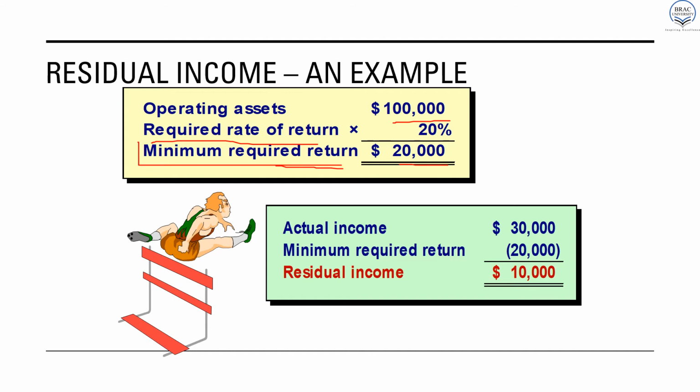Then my actual income, which is given again as $30,000, I have to deduct this $20,000 from. You can do this in one line, taking 30,000 and deducting the two together, and of course you'll end up with the same result. I'm just breaking it down so that you understand it easily. So that $10,000 is my RI.